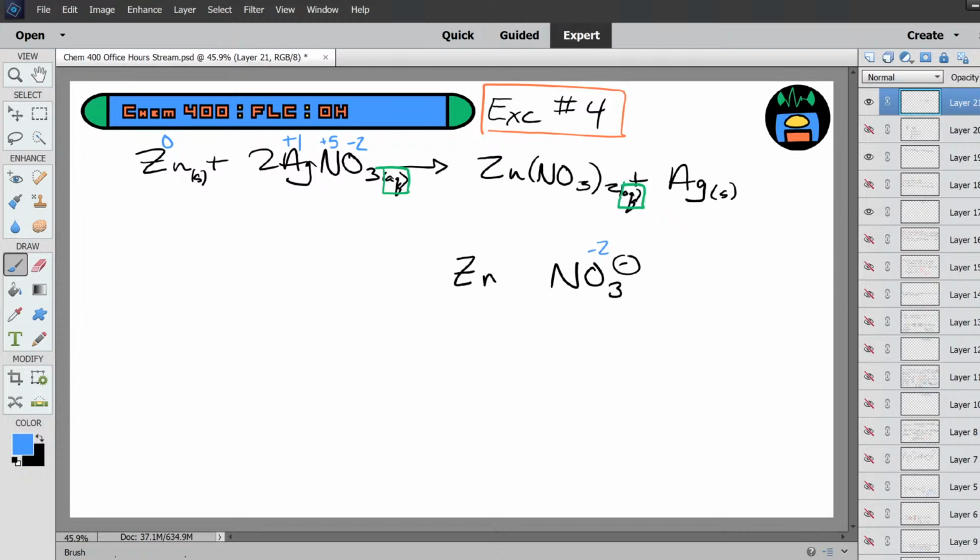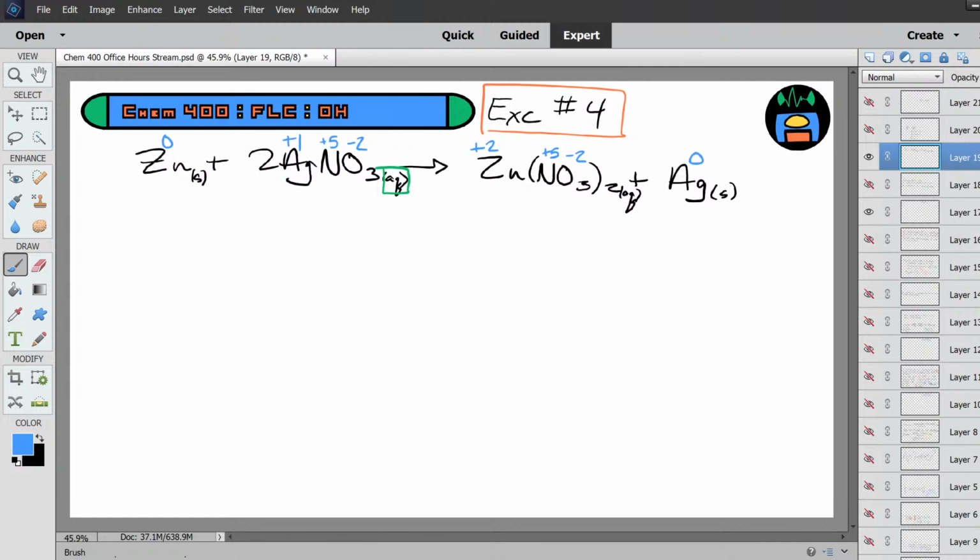Oxygen has an oxidation state of -2, nitrogen +5 in nitrate. Because we have 2 nitrates balancing, our zinc cation must have a charge of +2, which means its oxidation state will also be +2. And then finally, silver on the product side will have an oxidation state of 0 because it has a charge of 0 and it's the only atom in the compound.